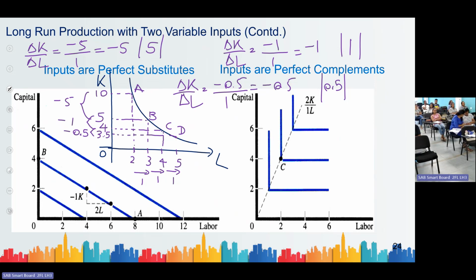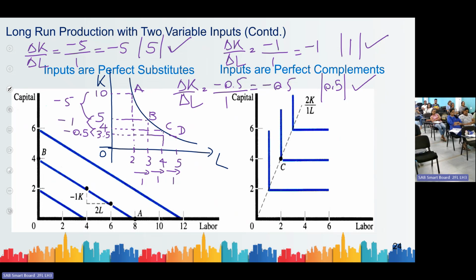You can see, when the production point moves down along the curve, what happens to the slope? Slope is declining. It's 5 here, it's 1 here, and then it's 0.5. Slope value continuously declines.